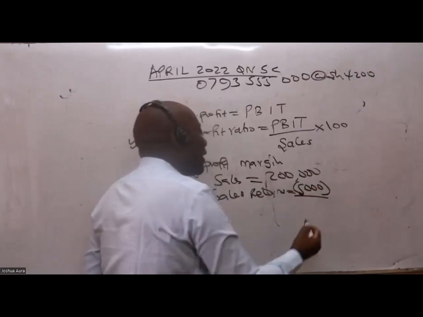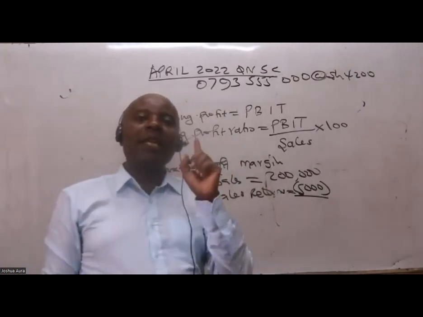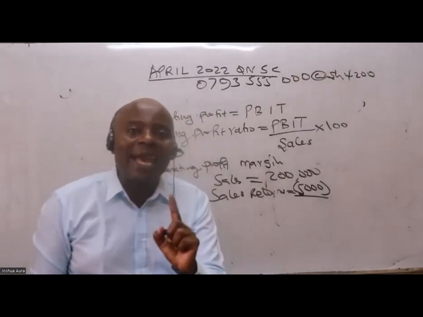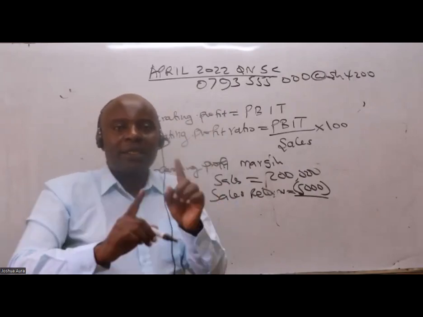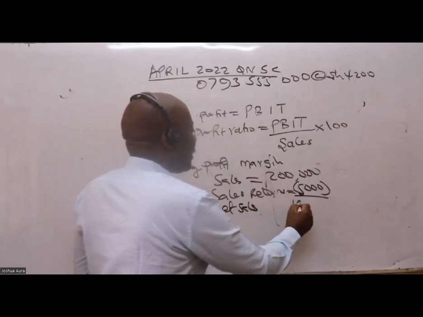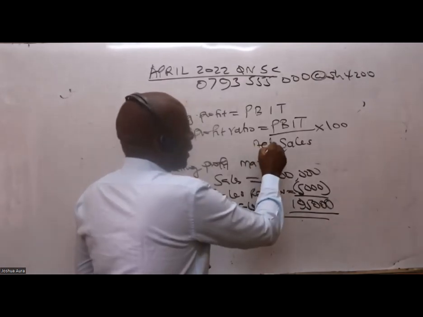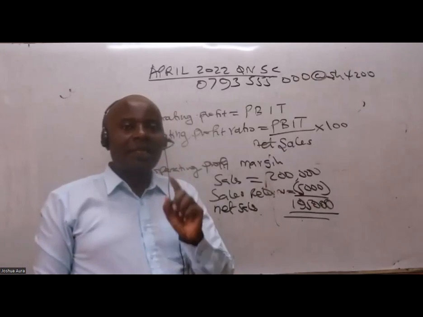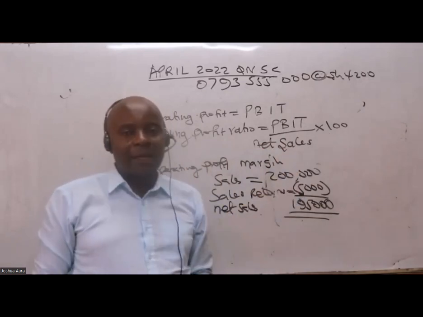Remember, whenever there are sales returns, our profitability margins will always be measured at net sales. You must deduct the sales returns. And therefore, our net sales in this case will be 195,000. So this is net sales if there are sales returns. If there are sales that were returned, then we shall always work with net sales.